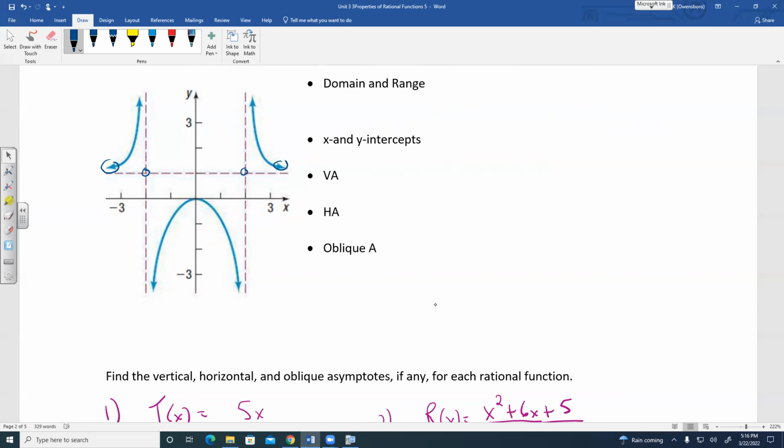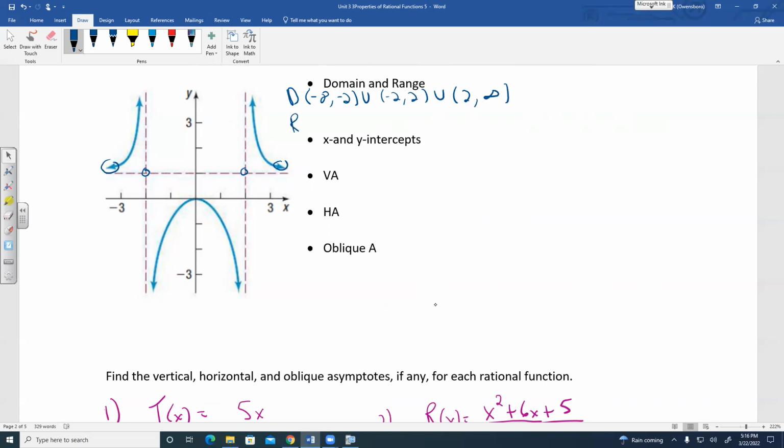So if I'm going from left to right, the domain, if I'm using interval notation, is going to be negative infinity to -2, in union with, then I go from -2 to 2, and then in union with, I go from 2 to infinity. So that's going to be the domain.